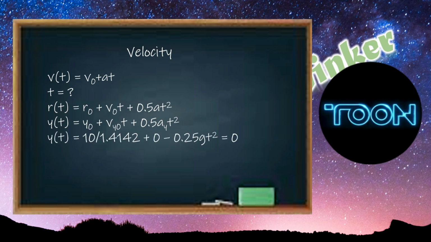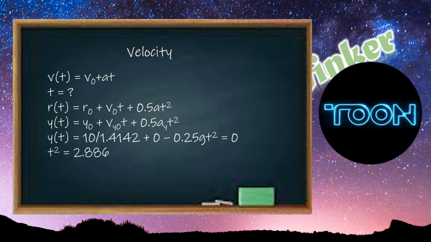Final height, 0. Initial height, 10 over root 2. Initial velocity, 0. Acceleration, negative 0.5 m times g. 10 divided by root 2 plus 0 minus 0.5 mg times t squared equals 0.